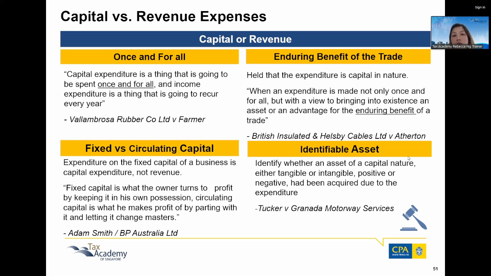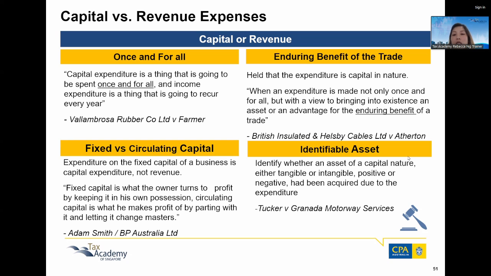Once it is held to be capital in nature, it is not deductible, and we have to add back the amount if it is included in the profit and loss account. For example, enduring benefits of trade are things like a new business license or the incorporation expenses of the company.